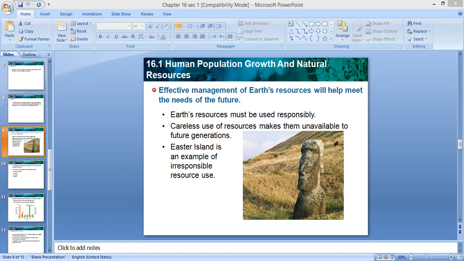One way to use resources? Yeah, efficiently. How? I guess maintain. Like doing this can maintain the resources for future generations, or maybe use them, manage your use.